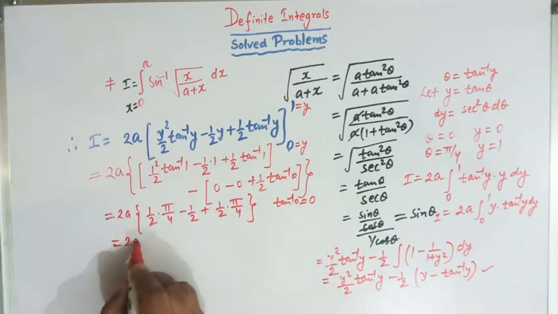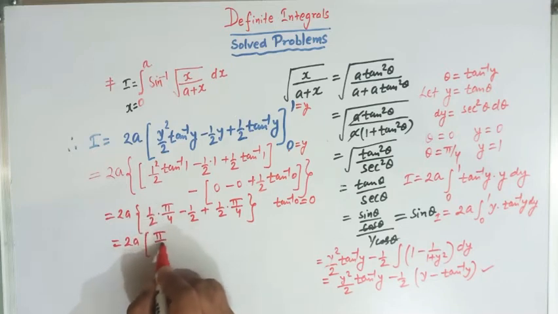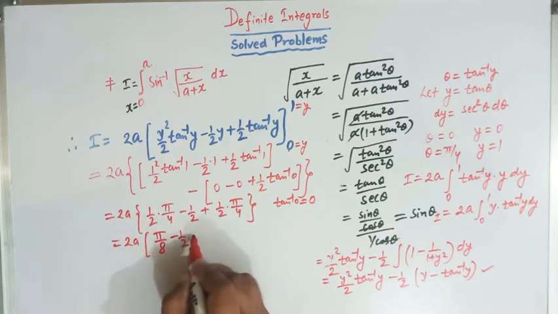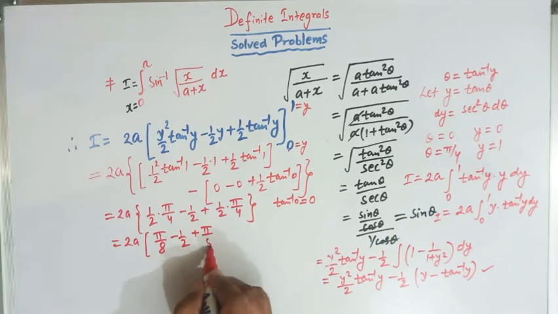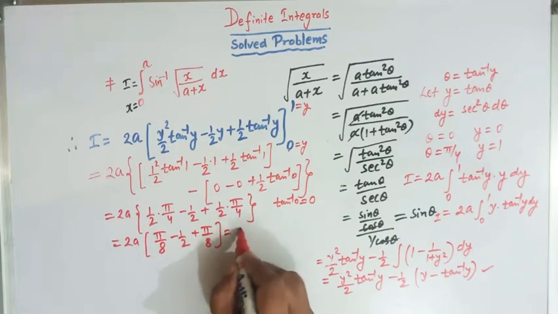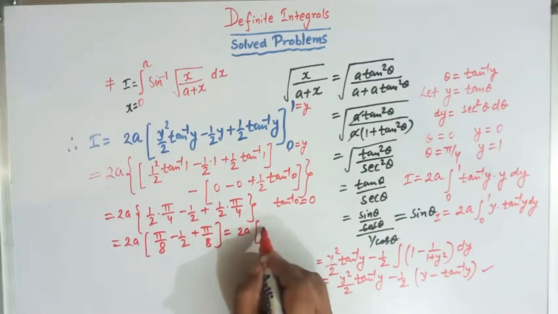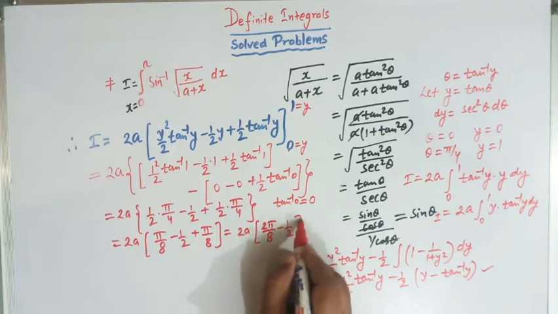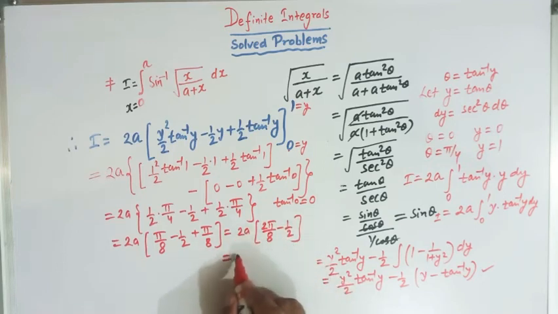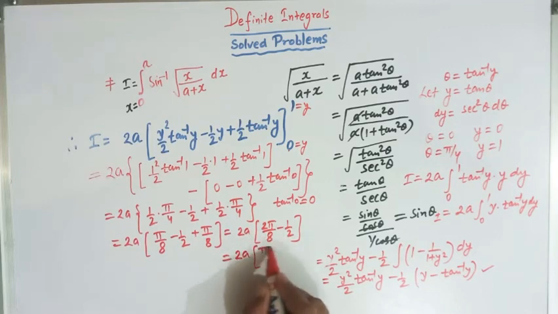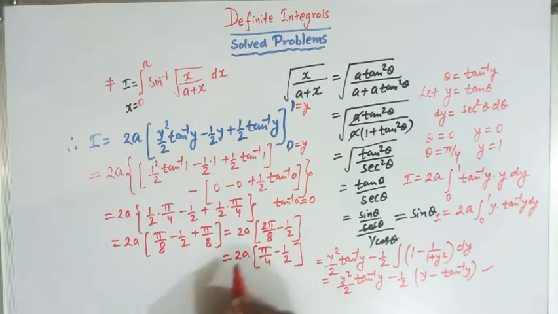Now this is 2a times [π/8 − ½ + π/8], and this is 2a times [2π/8 − ½], and this becomes 2a times [π/4 − ½].